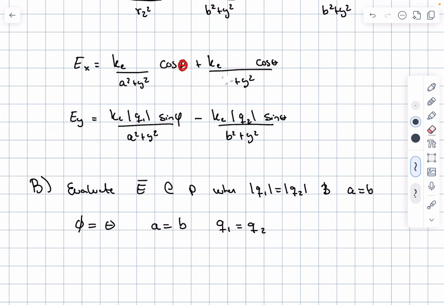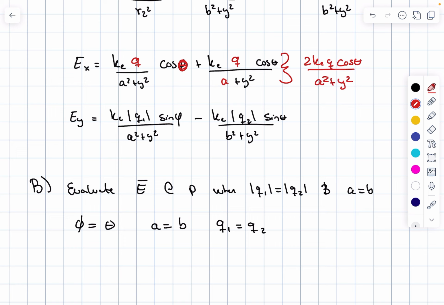Just going to also erase this because they're all the same now. So here it's just Q, Q, A, right? So here k_e Q over A squared plus y squared cos theta, plus the exact same thing gives us 2 k_e Q cosine theta divided by A squared plus y squared.